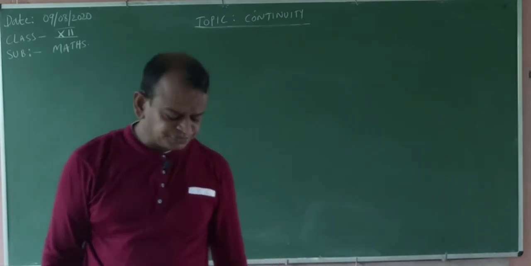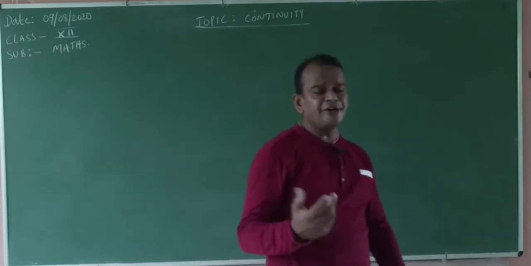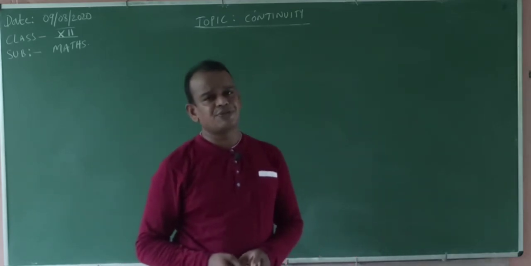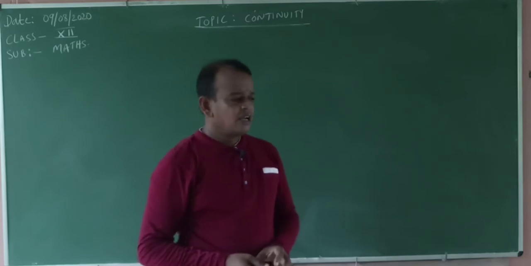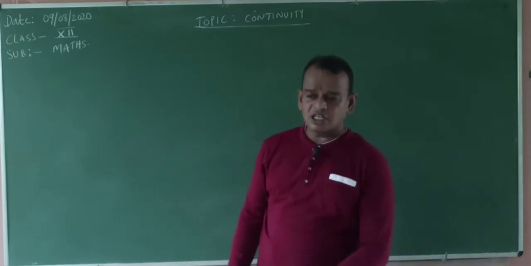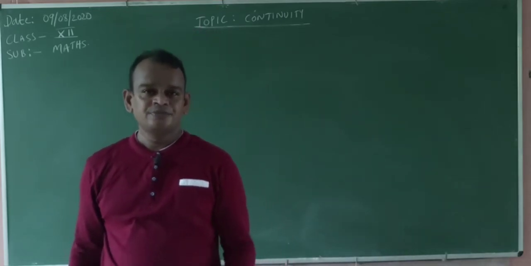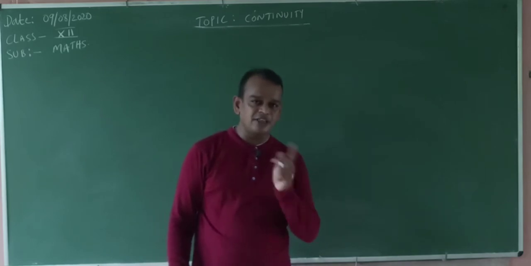Suppose f of x has some properties of a continuous function. What is the meaning of a continuous function? A continuous function means the function is continuous in the domain.